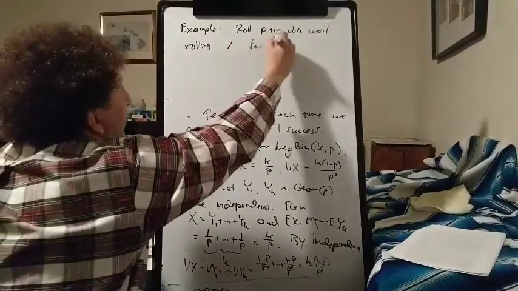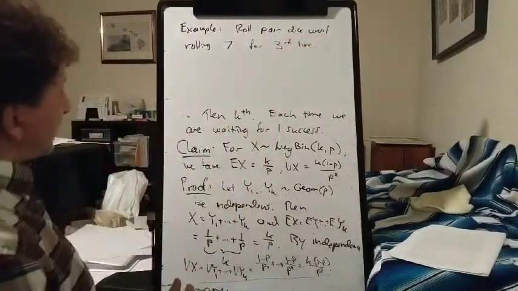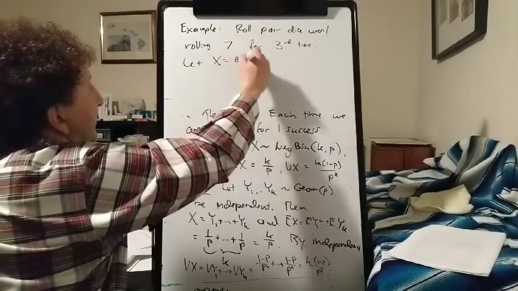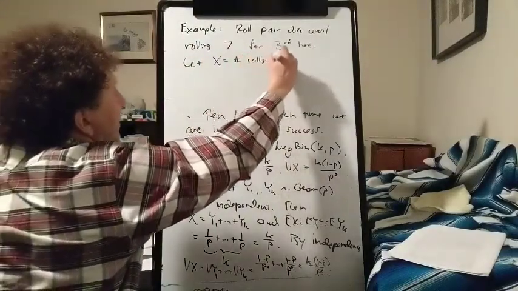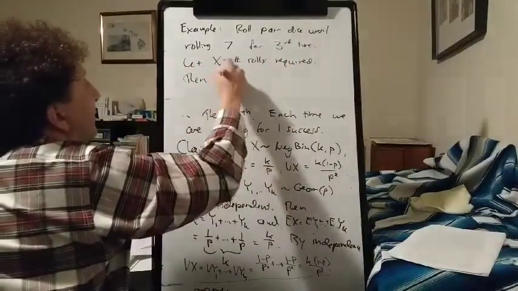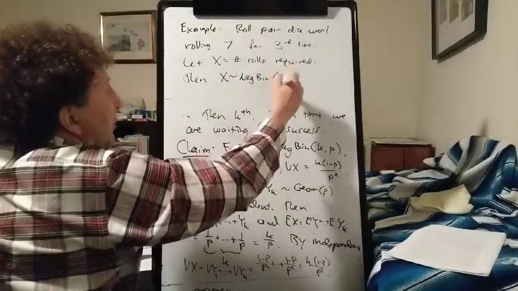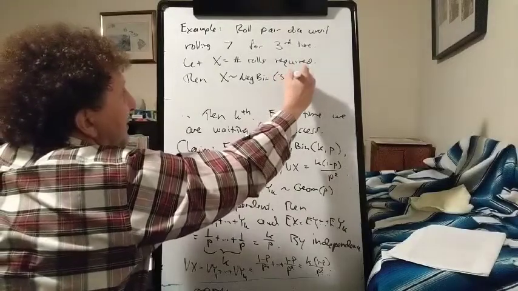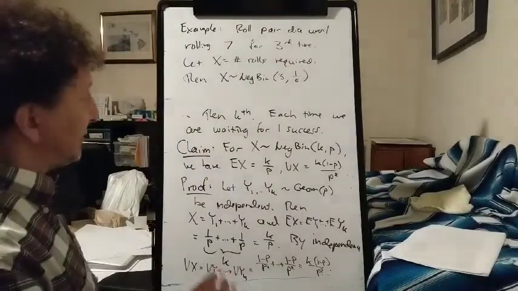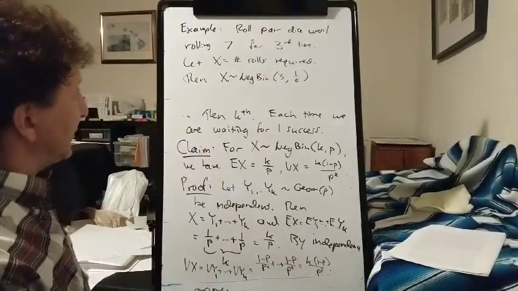But now let's stop when we roll it for the third time. So we want 3 successes. Let's let x be the number of rolls required. So then x is a negative binomial random variable where we want 3 successes, and the probability of each success is 1/6, because there's 6 ways to roll a 7, and there's 36 ways to roll dice. 6 over 36 is 1/6.